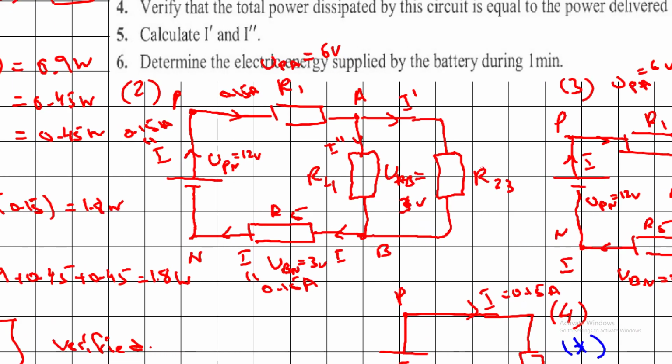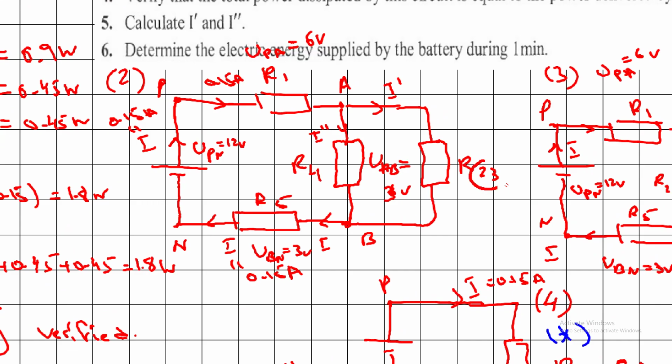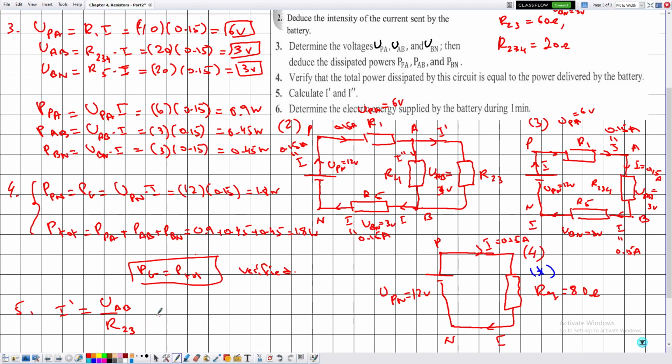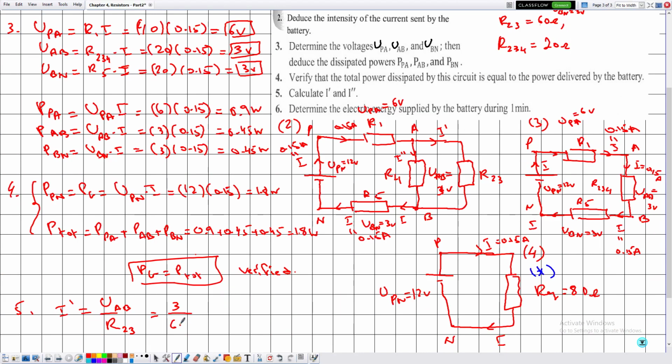It has an applied voltage of 3 volts across the resistor R23, which is equal to 3 divided by R23, which is given by 60. Plugging this into the calculator, 3 divided by 60 is equal to 0.05 amperes.